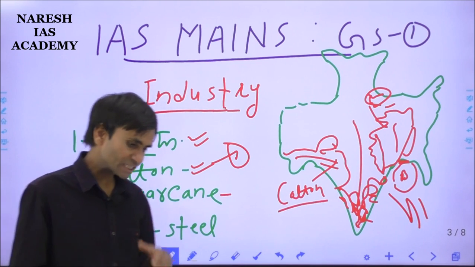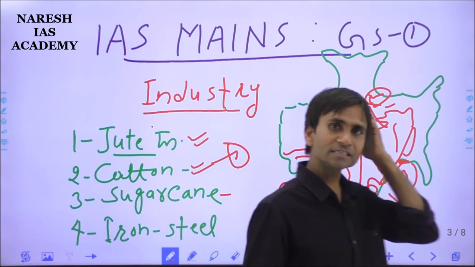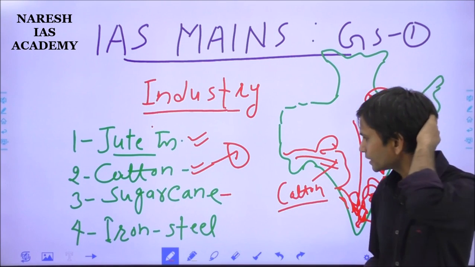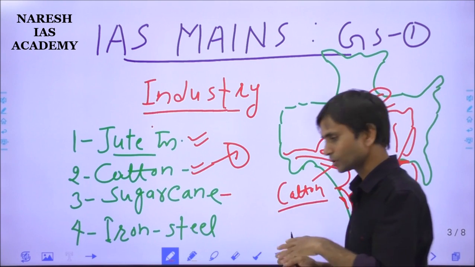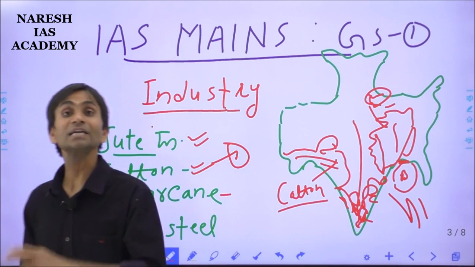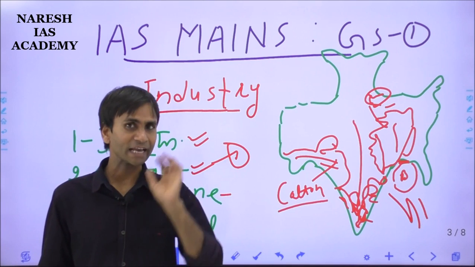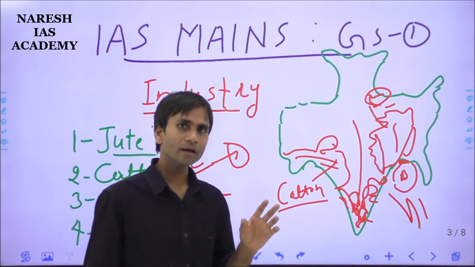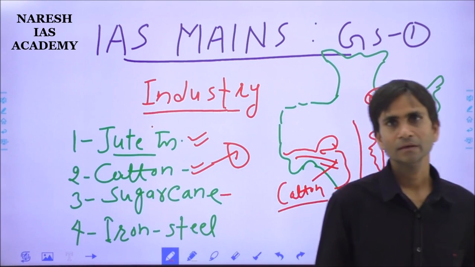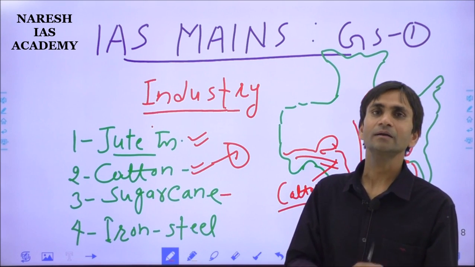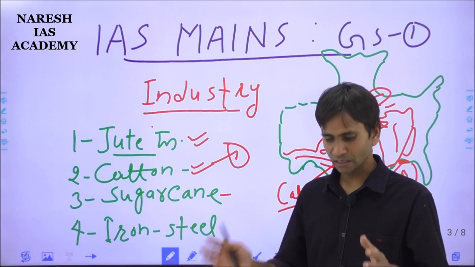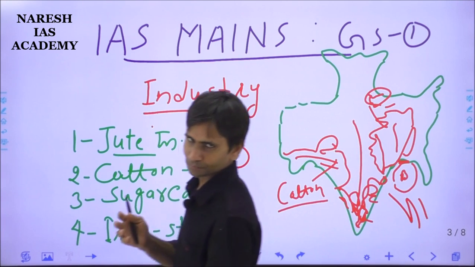And what kind of challenges is the iron and steel sector now facing? Internal problems: the timely availability of raw materials is lacking, there are labor problems and disputes with trade unions, and the supply of power.